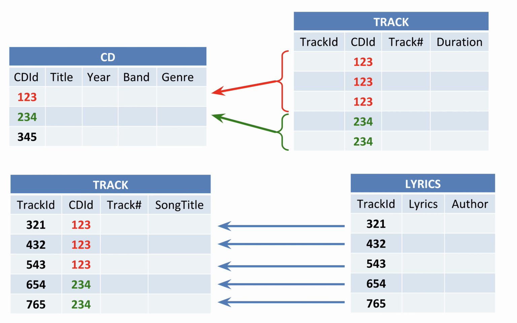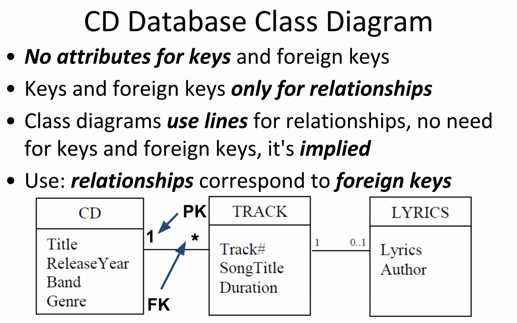So if we look at some real data, we might take just an example of this. We might have multiple tracks referring to 2 different CDs, and you have lyrics referring to a specific track on a particular CD. So given that schema, we can infer what the UML class diagram would look like.